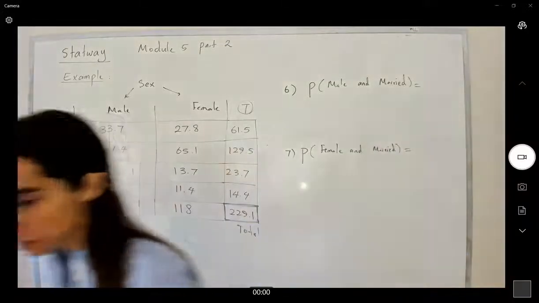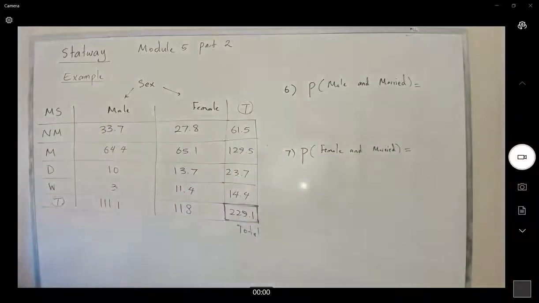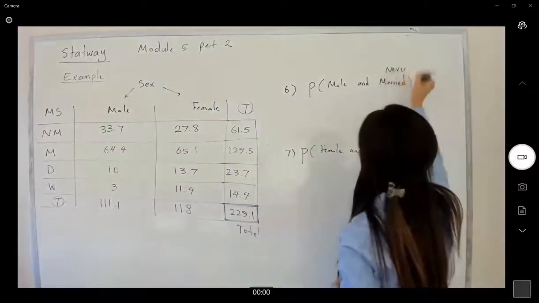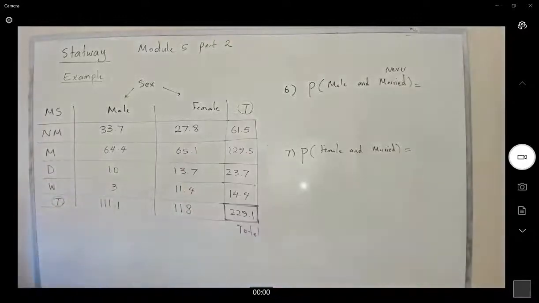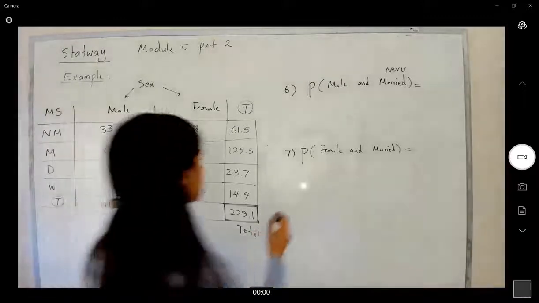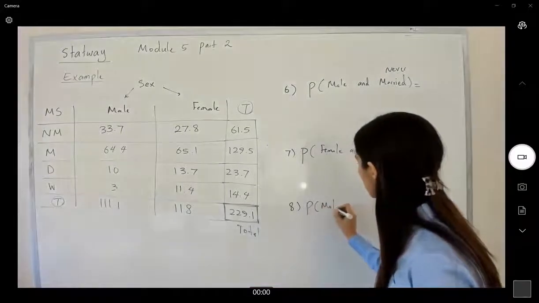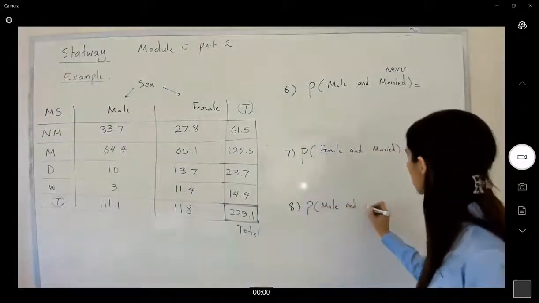And then, we have never married, and married, and finally you have the probability of a male and divorced.